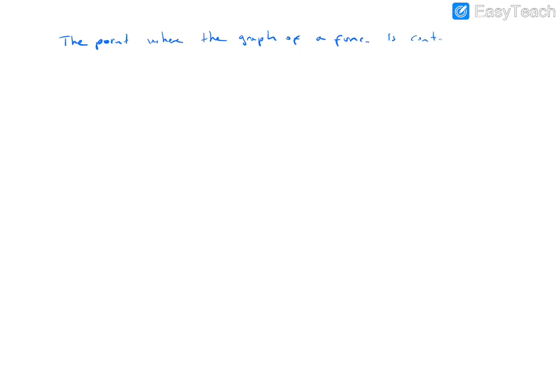First of all, it has to be continuous, and the concavity of the graph changes. This point is called an inflection point.